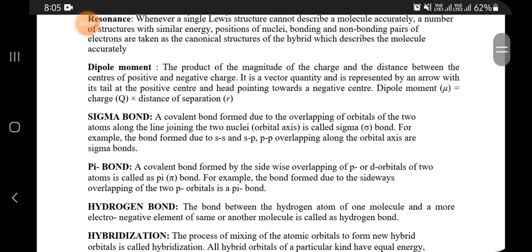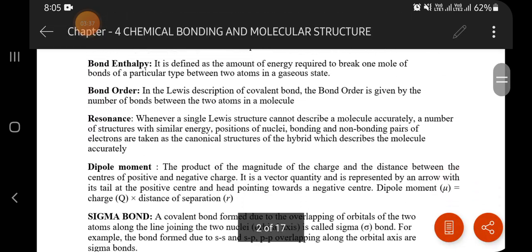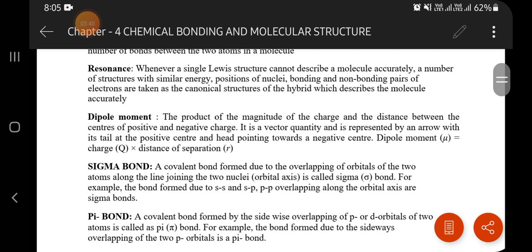Resonance. Whenever a single Lewis structure cannot describe a molecule accurately, a number of structures with similar energy, positions of nuclei, bonding and non-bonding pairs of electrons are taken as the canonical structures of the hybrid, which describes the molecule accurately. Then dipole moment.